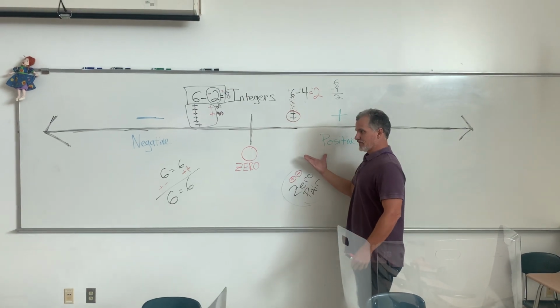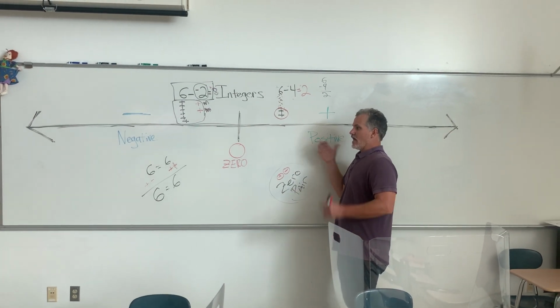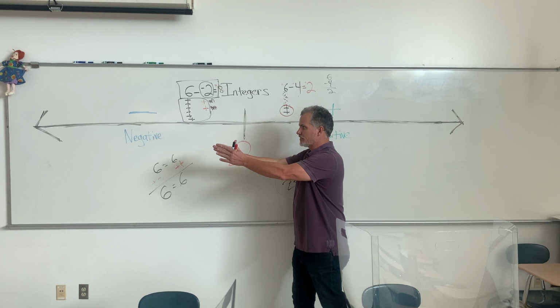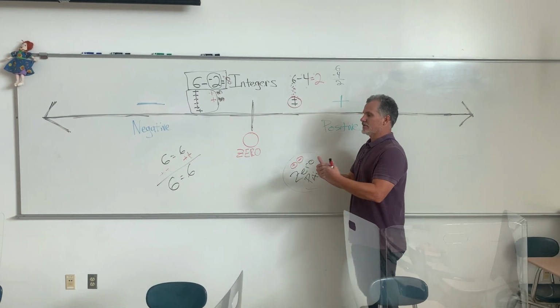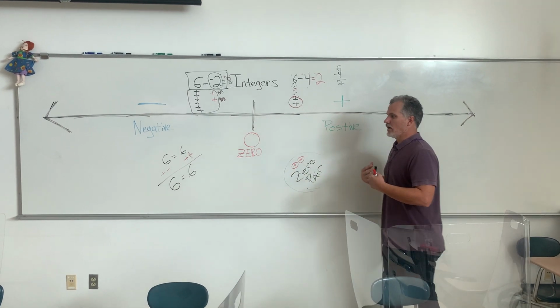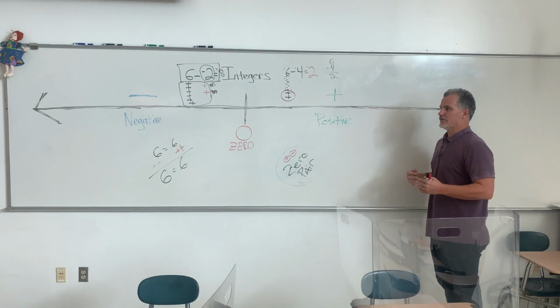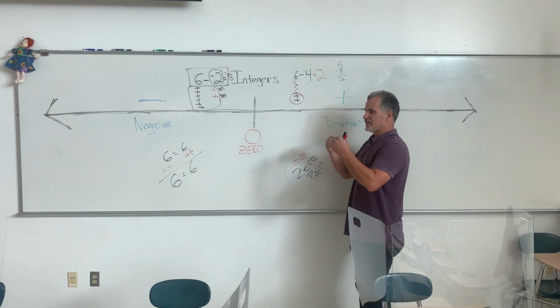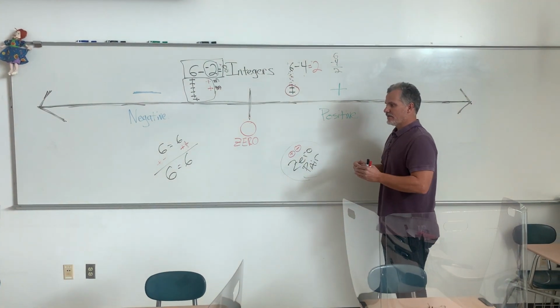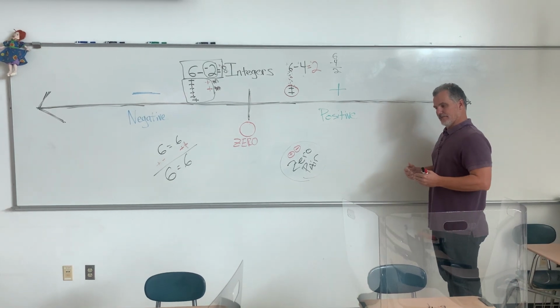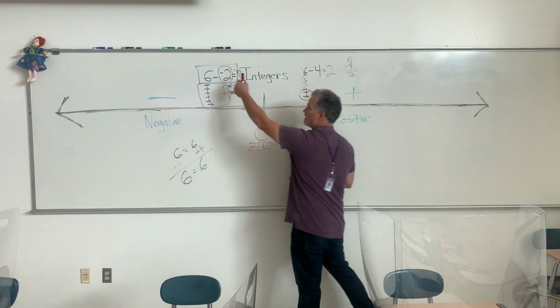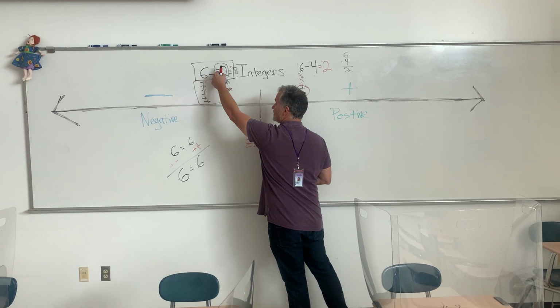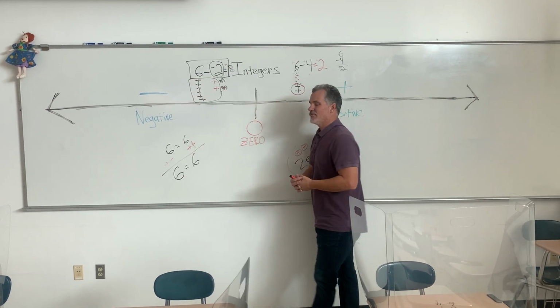So I'm at 6, positive. I'm facing subtraction direction, but I got to walk 2 backwards. So I'm at 6. I take 1, 2 steps backwards. 6, 7, 8. And that's the reason 6 minus negative 2 is 8. It's another way of looking at it.